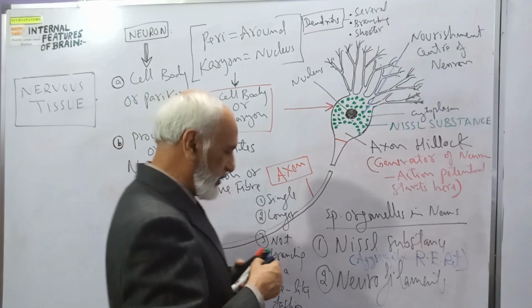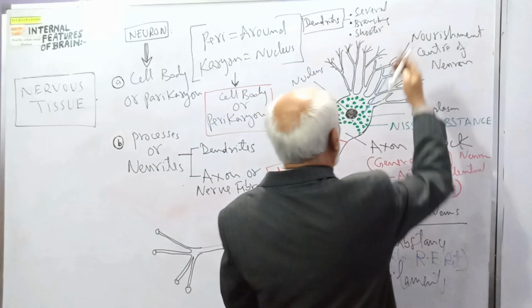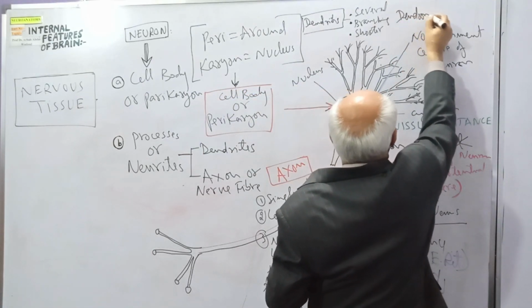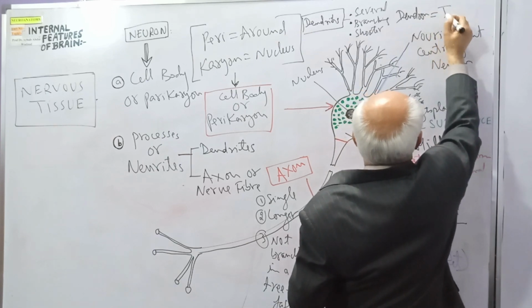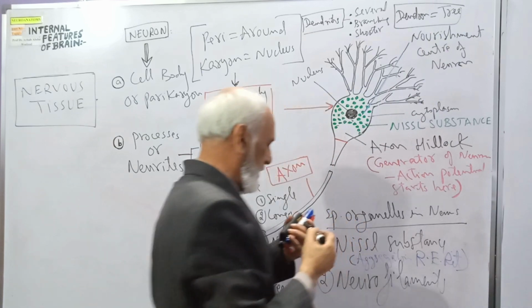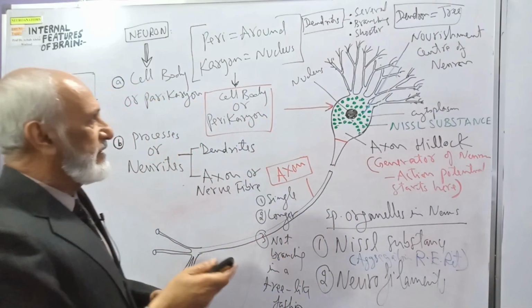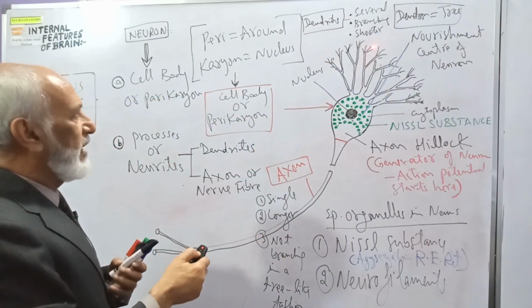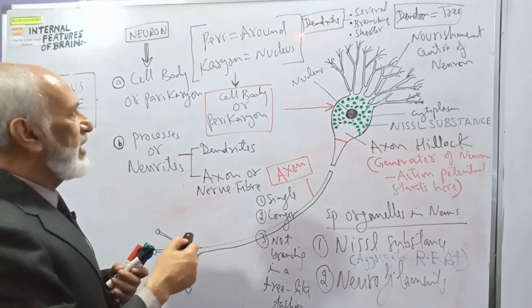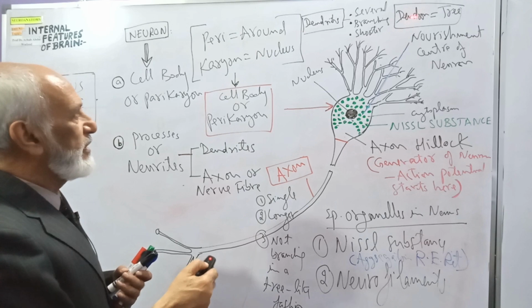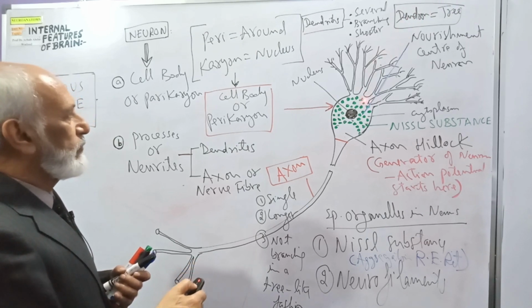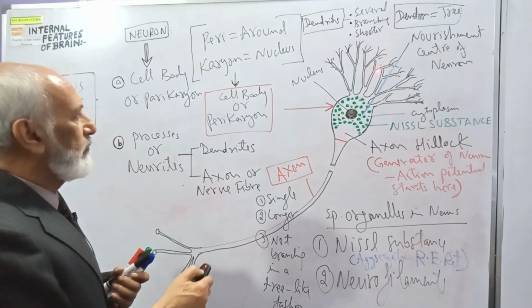The word dendrite is derived from the Greek word dendron, which means tree, because the dendrites branch and rebranch in a tree-like fashion. This is why they are called dendrites. So dendrites are several, branching, and shorter.